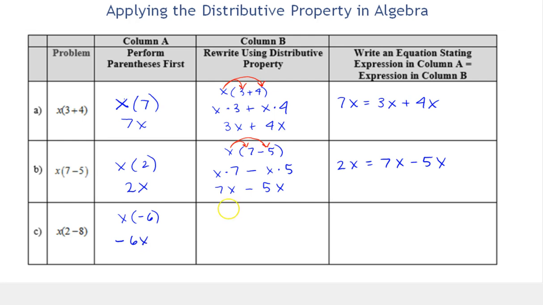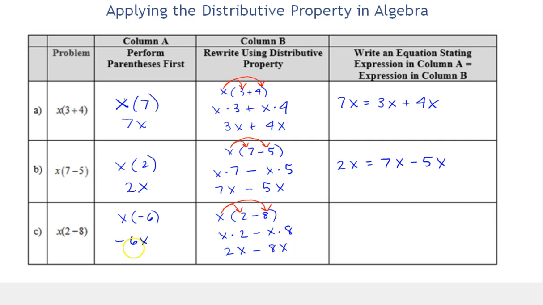Now let's use the distributive property. We have x, parentheses 2 minus 8. I'm going to distribute the x to the 2 and the 8. And we have x times 2 minus x times 8, or 2x minus 8x.